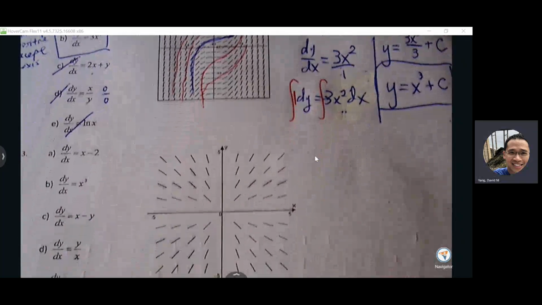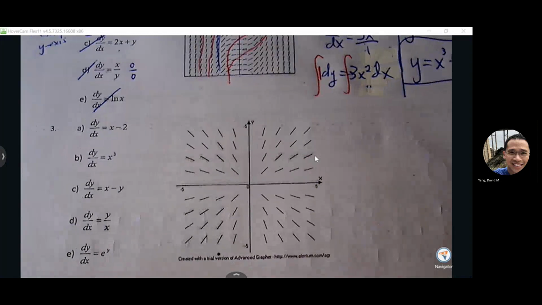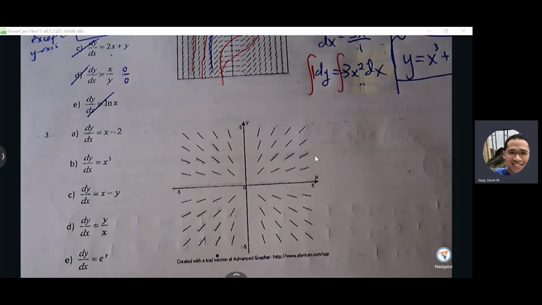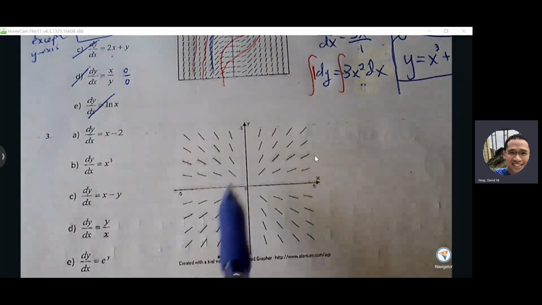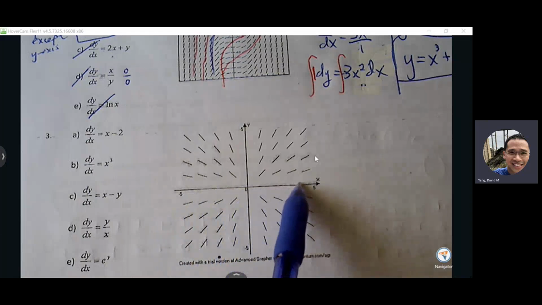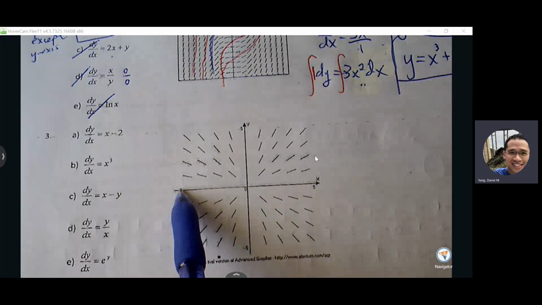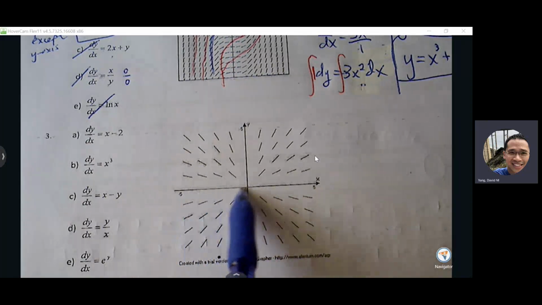Okay, I want us to do one more here, number 3. So number 3 here, we don't know what's going on at the x-axis. The reason is because there could be a slope of 0 that's being hidden by the x-axis, or it could be slope undefined.